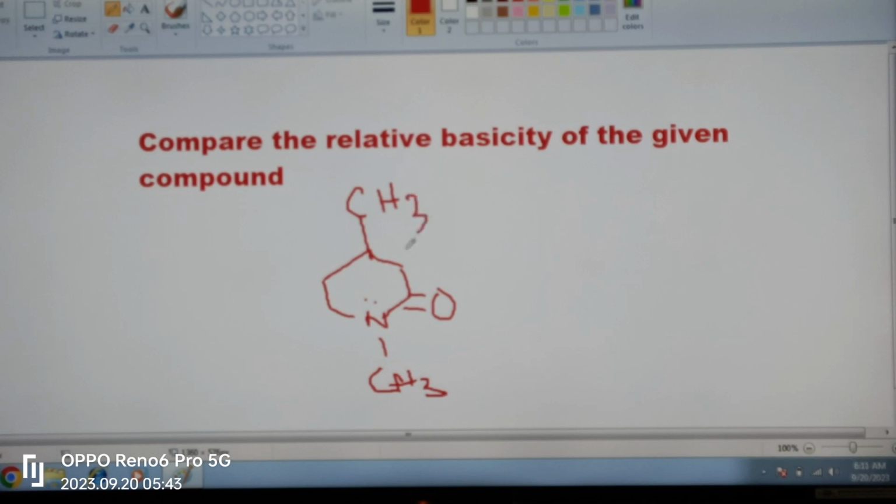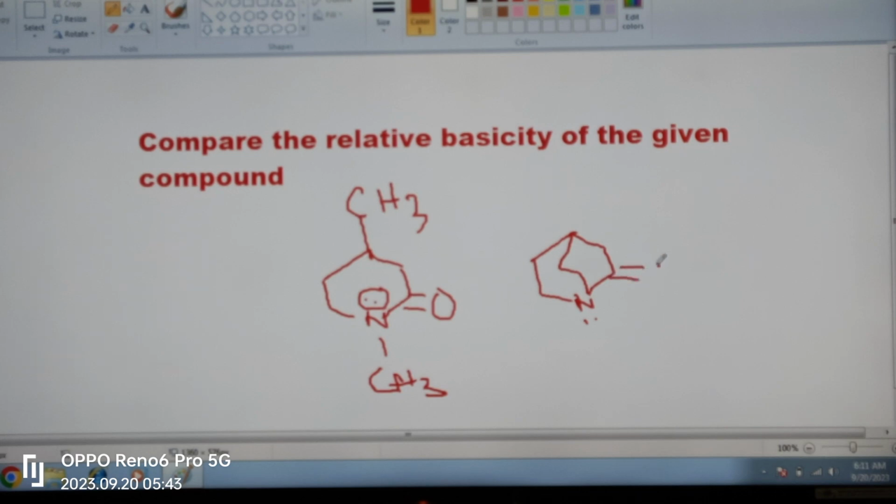So this compound is basic due to the presence of this lone pair of electrons. The higher the electron density, the higher the basicity. So here you can explain the basicity of the given two compounds by considering the availability of the lone pair of electrons on the nitrogen atom.